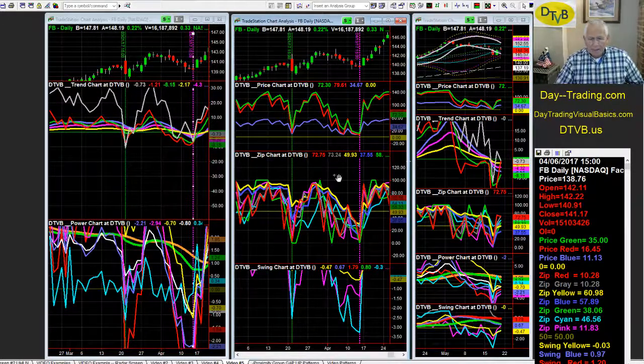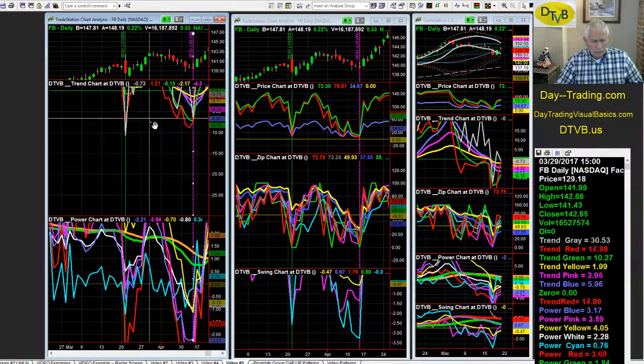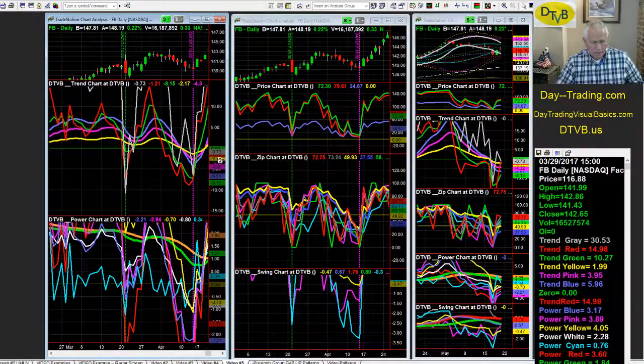Now, that being said, I'll also point out one thing here that gives us another signal, I'll just say contributing factor. Over here on the green line, we have the trend gray is lowest. And if you've heard me say anything about that before, when you have a strong movement down, we like to see it, though it can happen without a strong movement down.